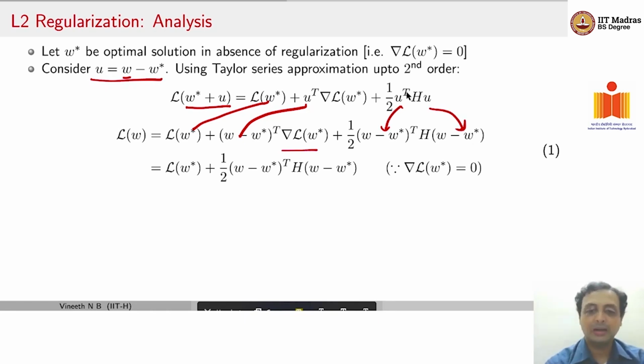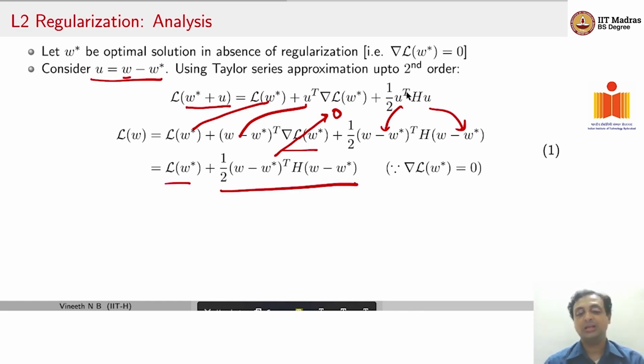We now know that grad L at w star is 0 because that's our assumption of what w star is. It's an optimal point for your original loss function, which means we are left only with the first and the third term, and you're now going to have L of w to be L of w star plus half into w minus w star transpose into the Hessian into w minus w star.